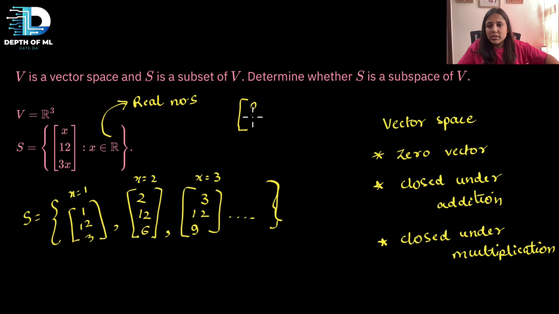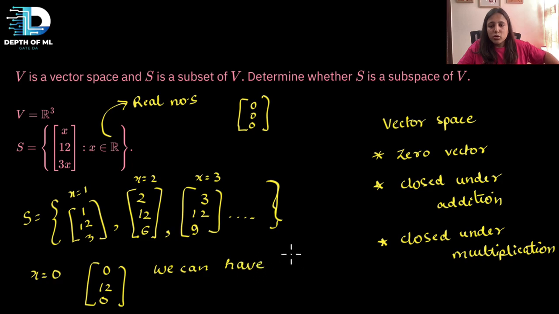So you will ask whether 0, 0, 0 is present or not. You can check this very easily. The second coordinate is always 12, right? So even if I take x equals 0, I'll have 0, 12 and 0. We can never have a 0, 0, 0 vector in this set S.